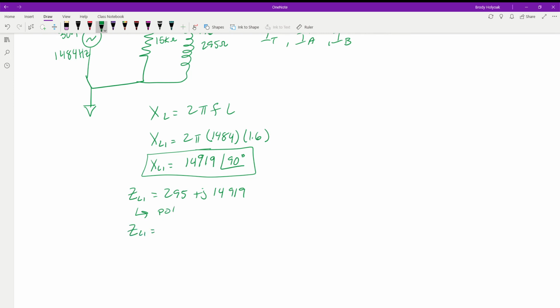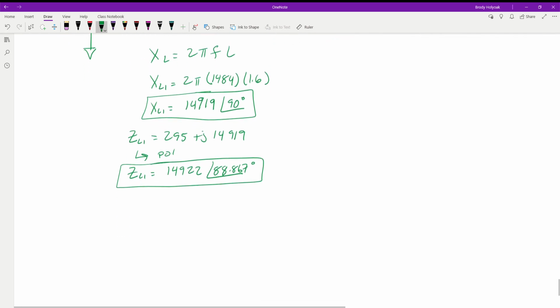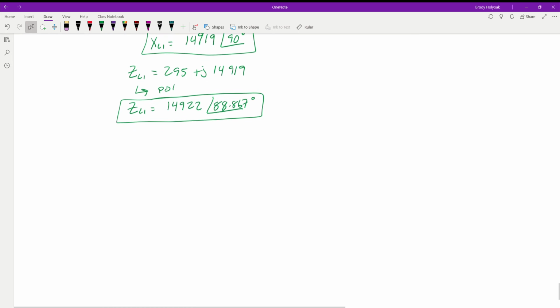So the total impedance of inductor 1 is going to come out to be 14,922 at an angle of 88.867 degrees. So now that we have the impedance and we have the resistor, we don't have to do anything to that. Now we can solve for the total impedance of our circuit. Since they're in parallel, we're going to use the reciprocal method.